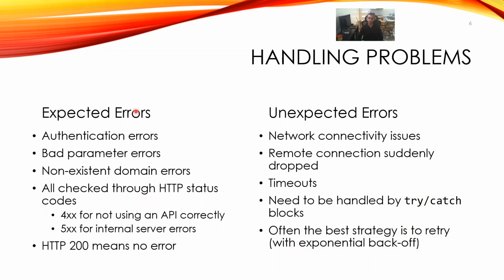Your expected errors generally are communicated to your application through the HTTP status code. So you'll get a 400, 401, 403, 404, classic codes for not using an API correctly. When you get a 4XX, generally what this means is that your user is misusing an API.